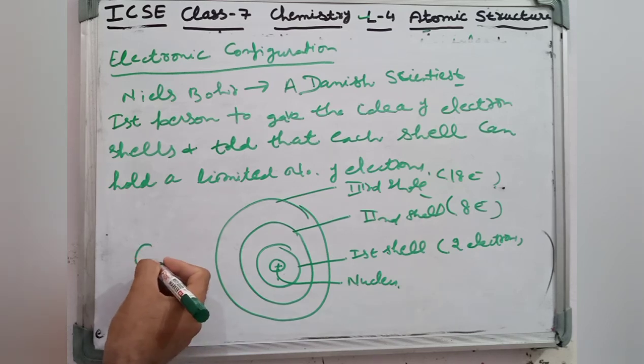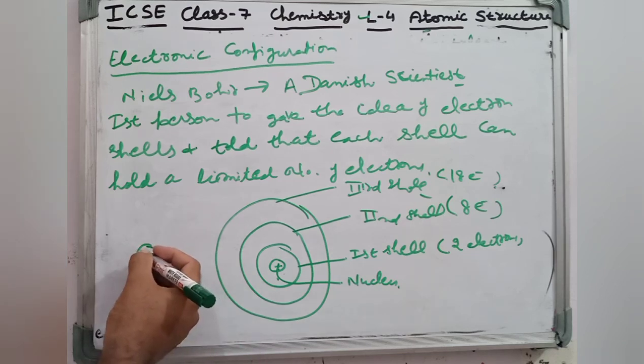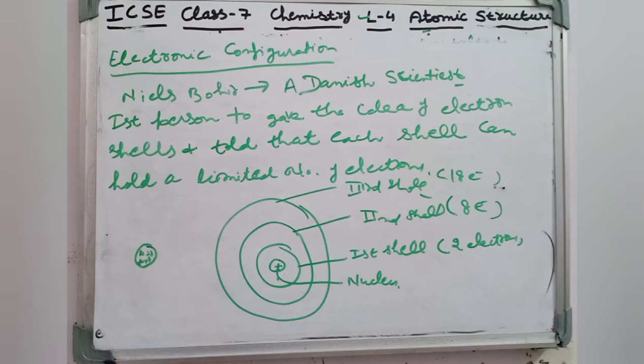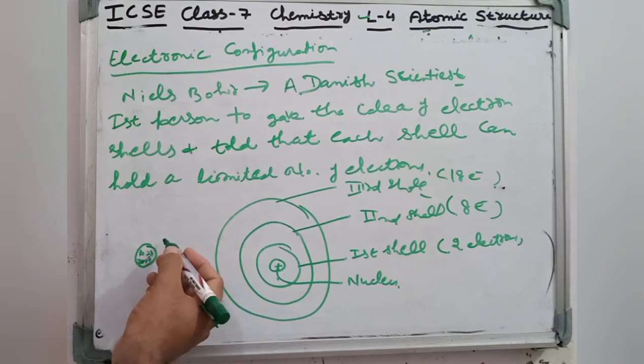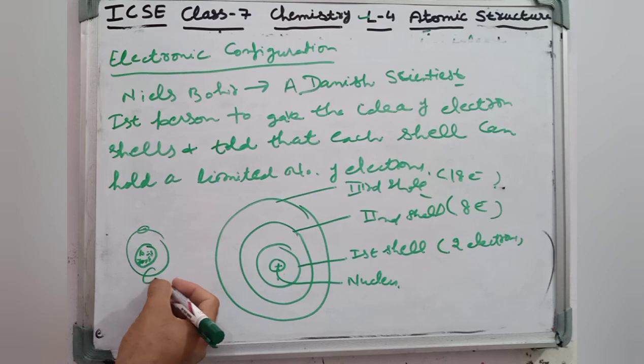This is the nucleus of oxygen. This contains 8 protons, 8 neutrons. Now we have to make the arrangement of 2 and 6. So in the first shell we will take 2 electrons, 1, 2, right?